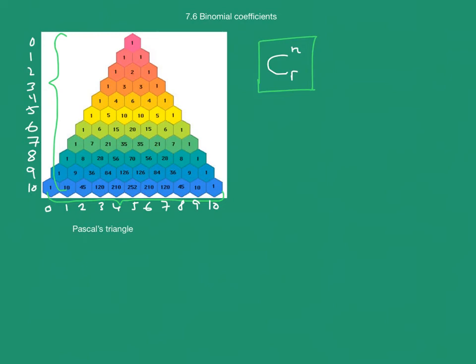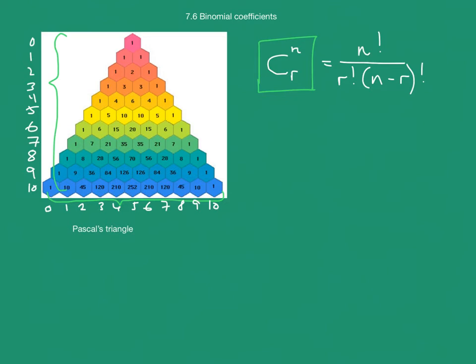The way we do that is that this translates into a formula that looks like this: n factorial divided by r factorial multiplied with n minus r factorial. I'm not going to explain why, but we'll look at some examples and see that this actually works.